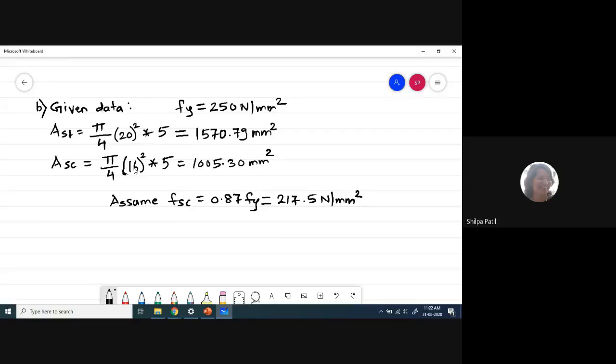Now the next step is to find XU. What is the formula of XU?